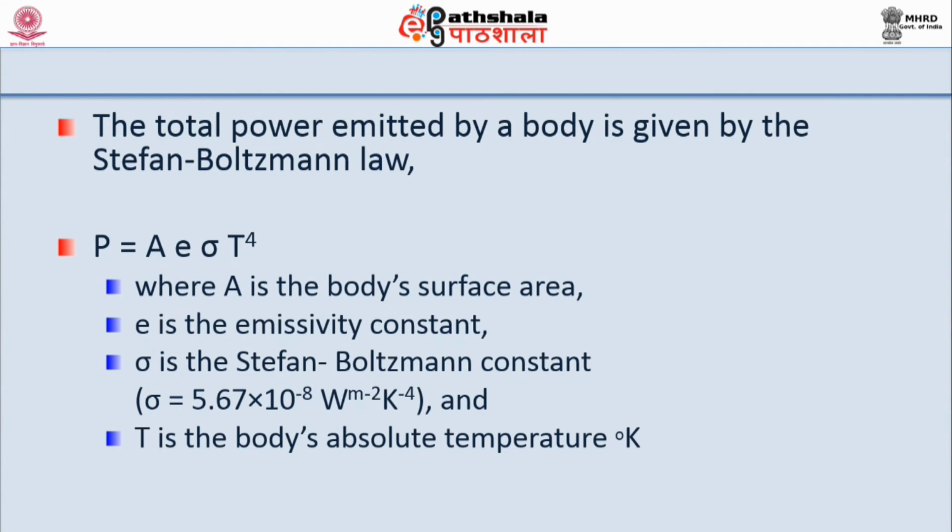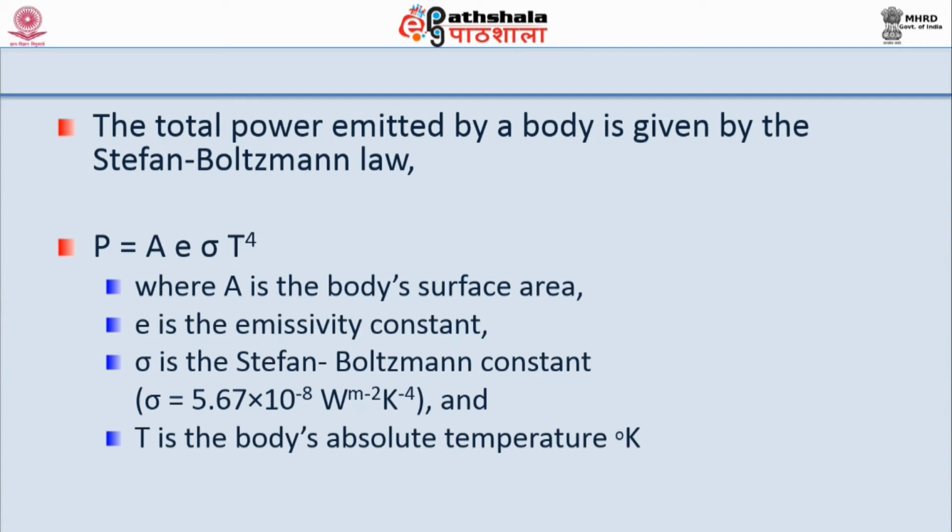So after understanding the human body radiation and its spectrum, let us calculate how much energy the body actually emits. When you want to determine the energy emitted by a human body, we can express it in terms of power, that is the net power, the total power. The total power you can calculate using the Stefan-Boltzmann law. Now what is the Stefan-Boltzmann law?